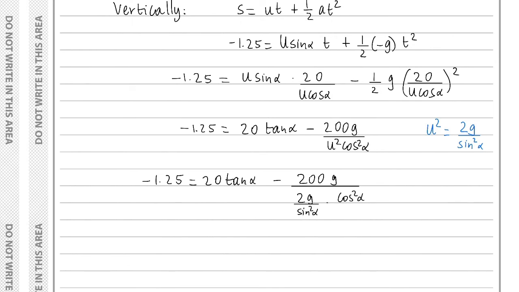Now the g with the g goes away, the 200 with the 2 give me 100. And all of this leads to minus 1.25 is 20 tan alpha minus 100 tan squared alpha.